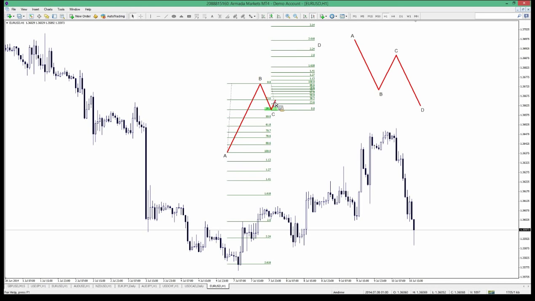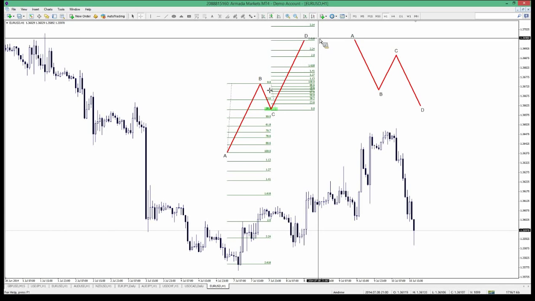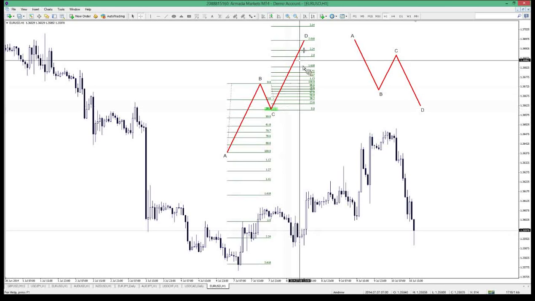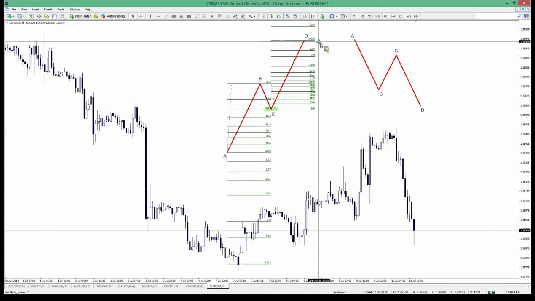So once again, if I now copy this ABCD and extend it, you'll see the D point is at the 2618 area. So it's added weight. We've got the harmonic flow of the market, the AB equals CD, as well as this Fibonacci extension.